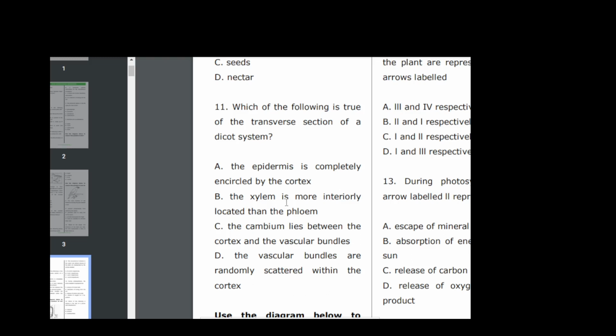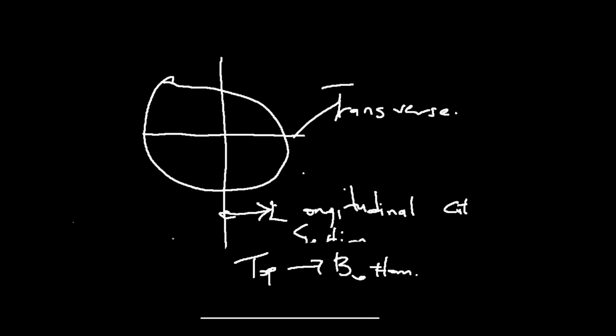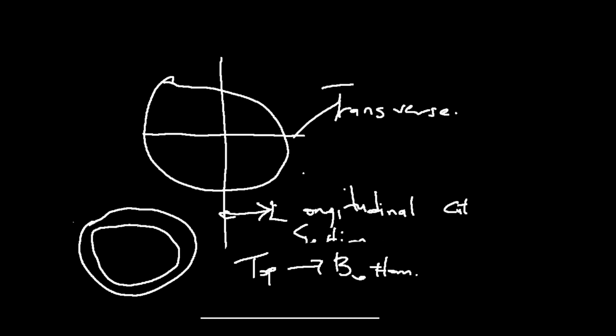So the answer to that question is xylem, which is more interiorly located, because when we have the cut looking like this, on the outside is where we have the phloem, and inside is where we have the xylem.